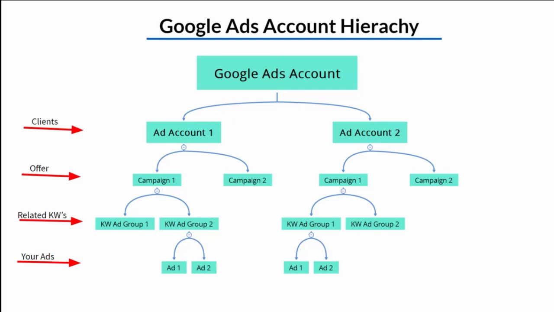They may be looking for a kitchen remodel design, or a specific area within the kitchen, maybe an island. Maybe they want to install an island or remodel their entire kitchen. We don't know. However, we can have another campaign, campaign 2, for that, and then have our individual keyword ad groups under that as well.